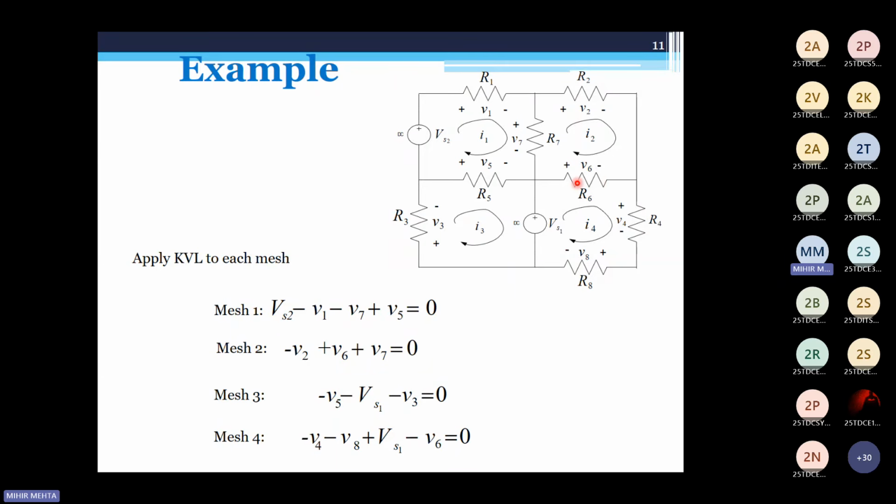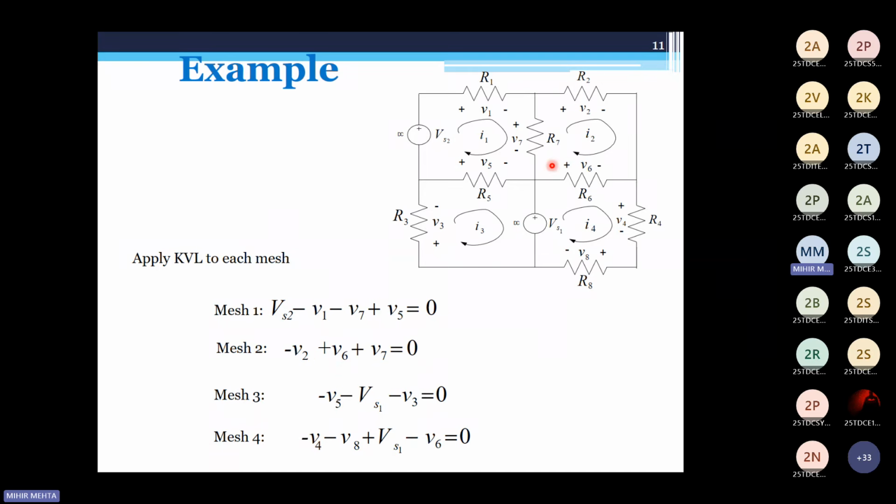Talking about the bottom branch of my mesh I2, here you can see that the mesh moves from right to left, whereas the current would be from left to right. Since both directions are opposite, we'll take this as plus V6.